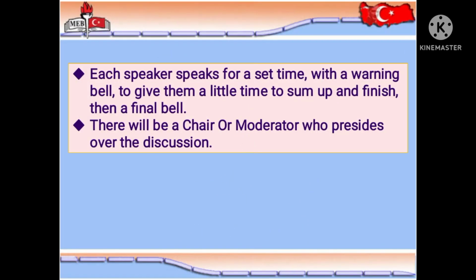Fifth, each speaker speaks for a set time with a warning bell to give them a little time to sum up and finish, then a final bell. The last, there will be a chair or moderator who presides over the discussion.